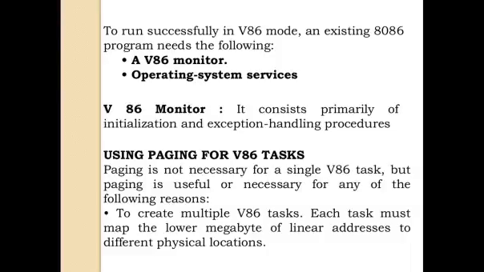So what is the virtual 86 monitor? It consists primarily of initialization and exception handling procedures. In the 86 monitor, if any exception occurs in 8086 code, it will be handled by the monitor, and some initialization required for virtual 86 mode will again be handled by the v86 monitor.